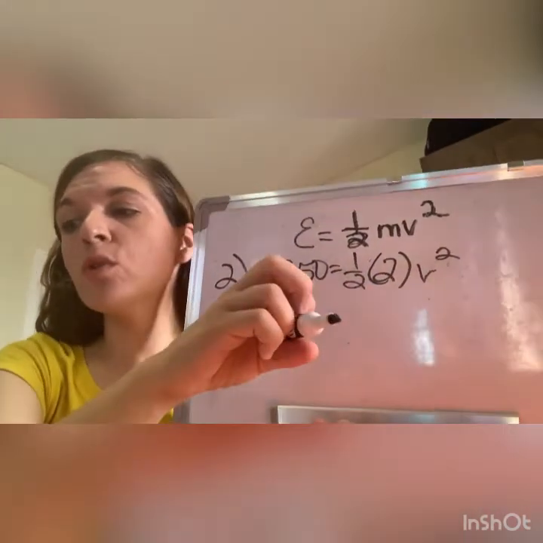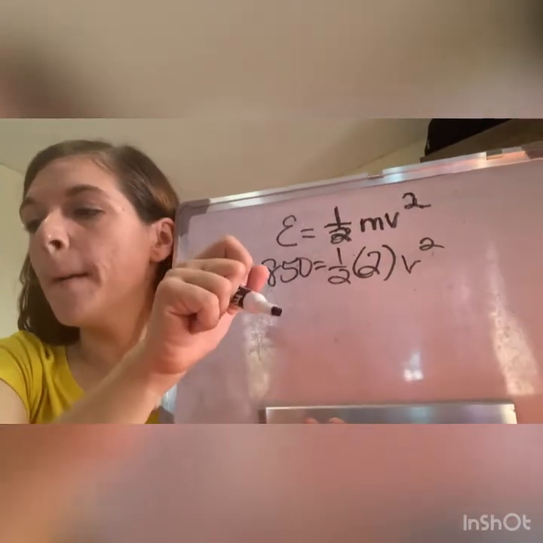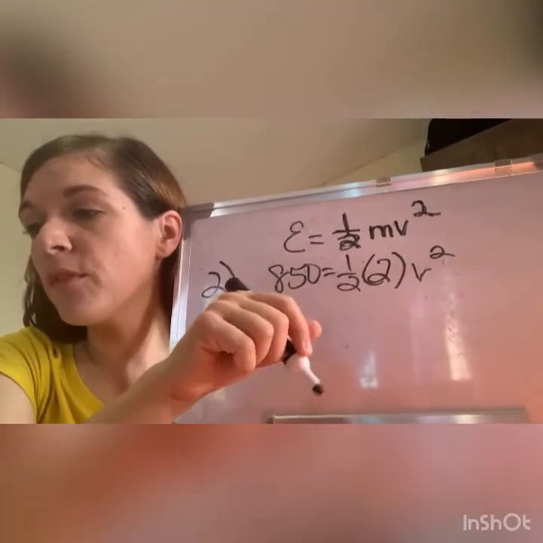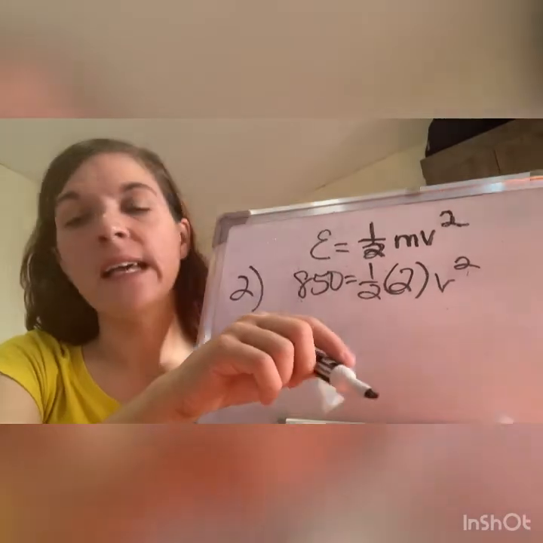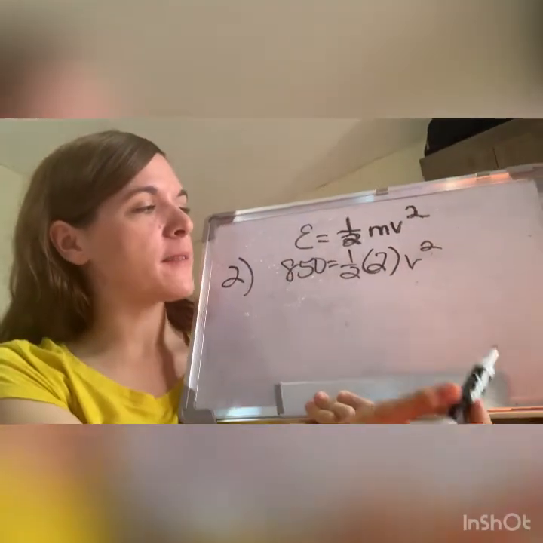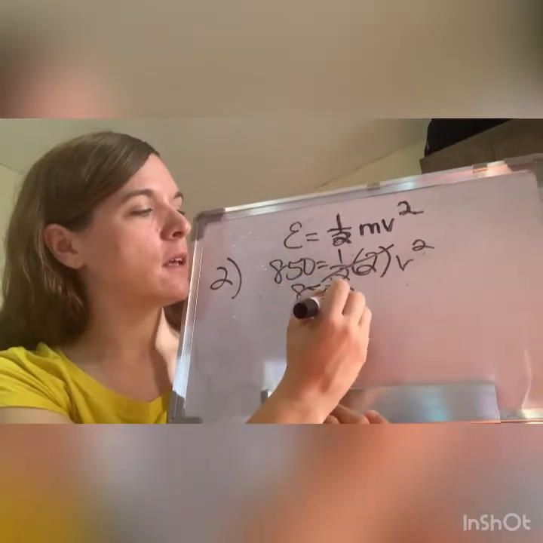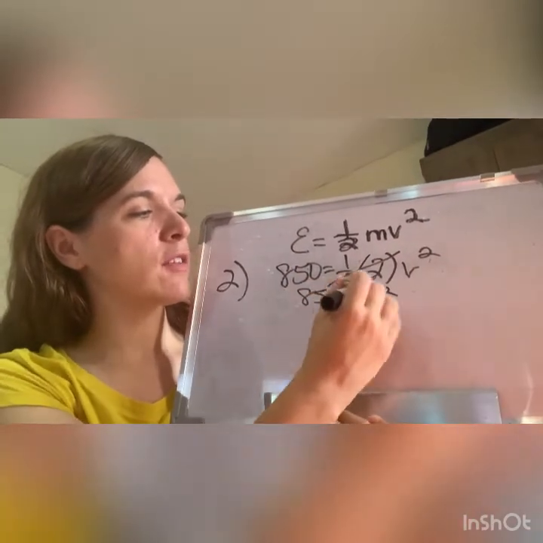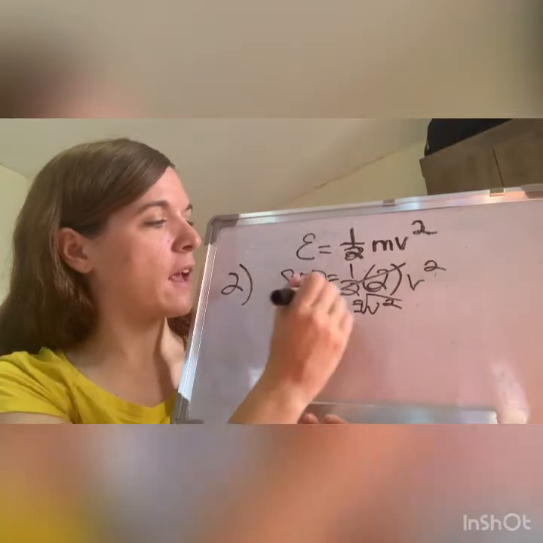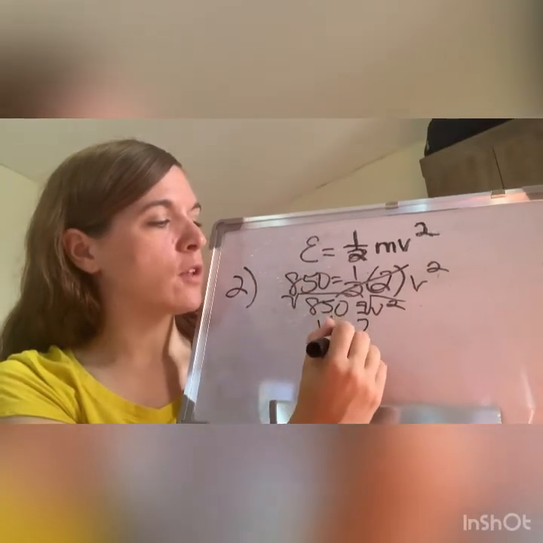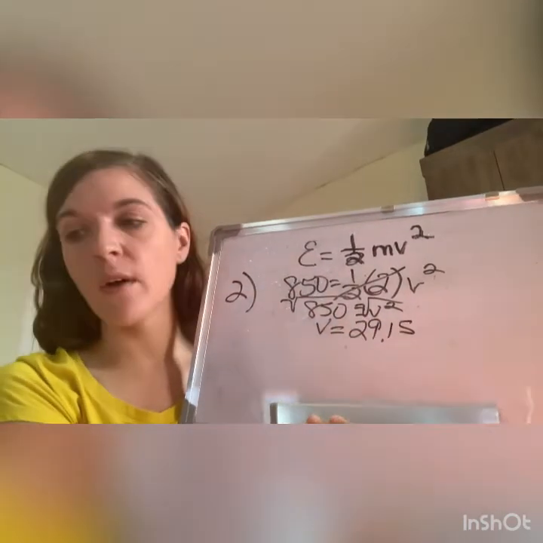Okay, once you get all of that, your velocity is basically what happens is 1/2 times 2 is 1. So now you have 850 equals V squared. So you take the square root of 850, and V equals 29.15, okay?